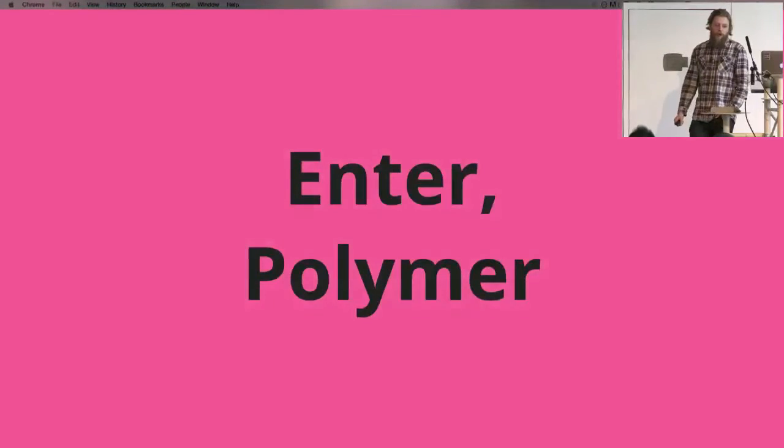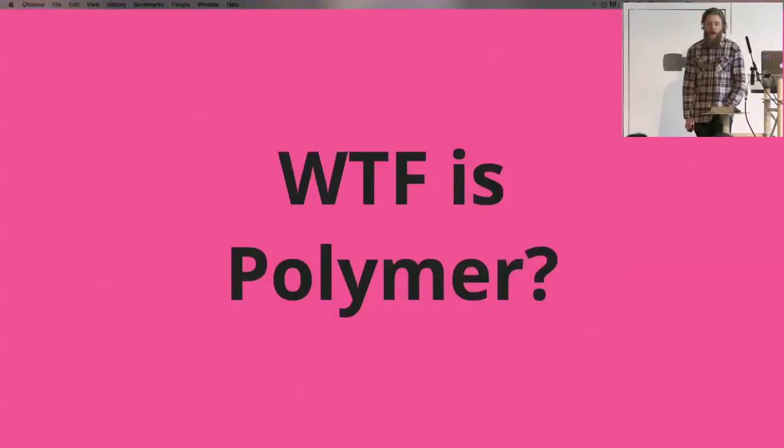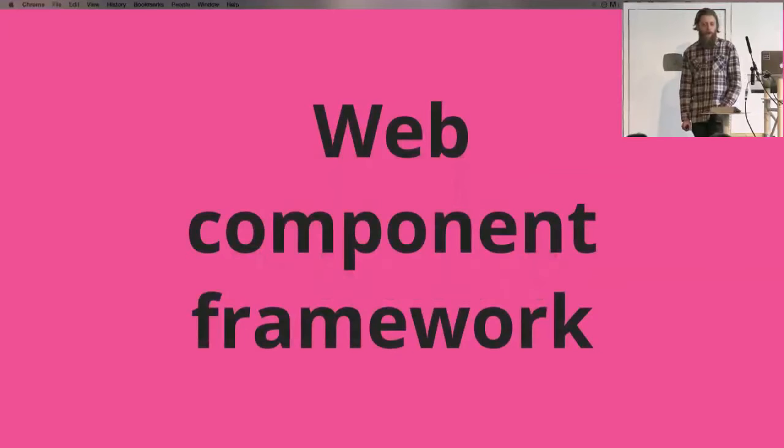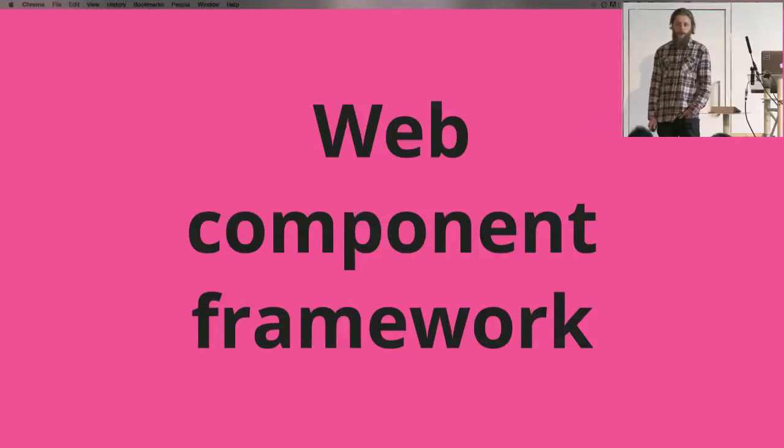So I went to Polymer. I found Polymer about a year ago, and it blew my mind. It's awesome. So what is Polymer? Polymer is a web component framework, so it allows you to make web components much, much easier. It's a bit like jQuery is to JavaScript, where everything you can do in jQuery, you can do in JavaScript.